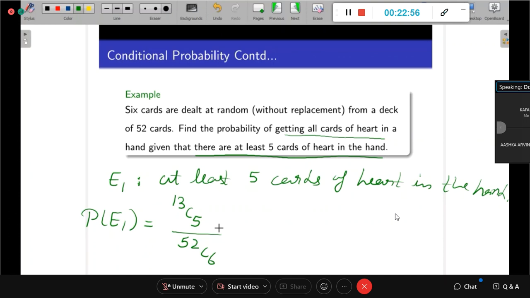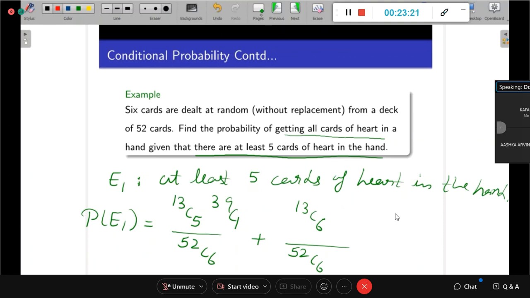So out of 13, at least 5 means the first case is 5 hearts and 1 from the rest, which is 13C5 into 39C1. Another case is 13C6, where all of them are hearts.